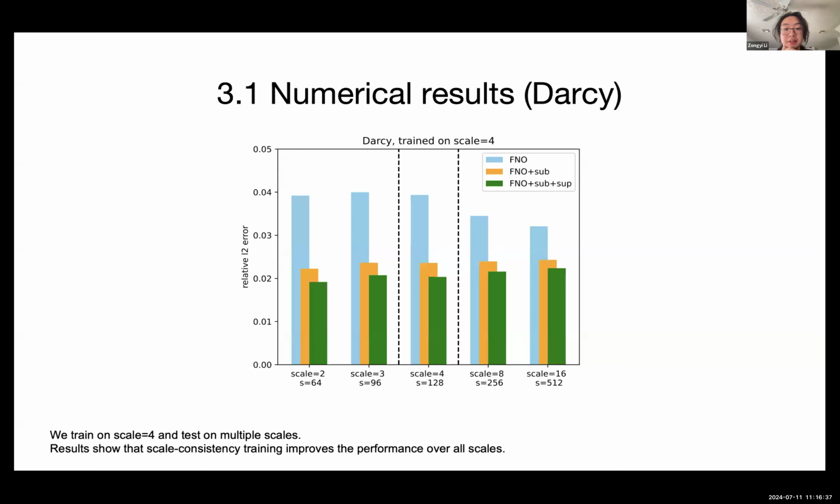Right, so on the Darcy equation, we can show that when using the data augmentation by restricted subdomains, the error reduced quite dramatically. We can get about half the error compared to just training on the original datasets. So it says that this training scheme can save a lot of parameters and a lot of training data.